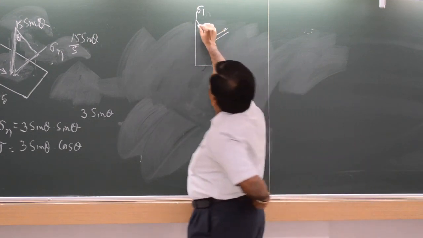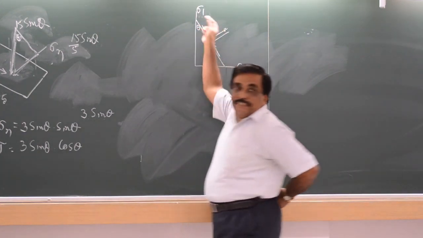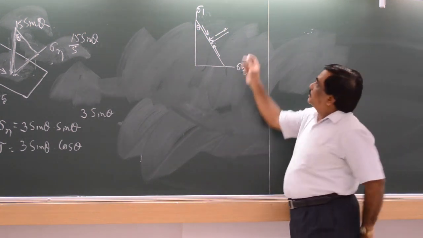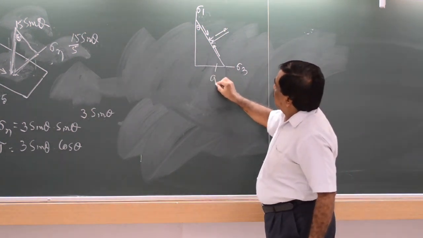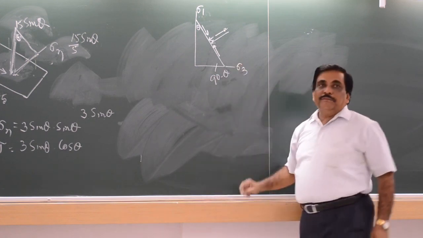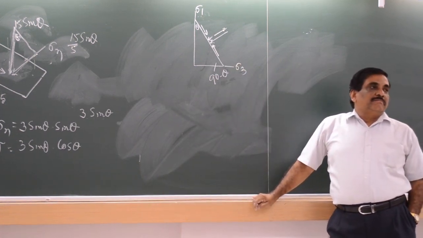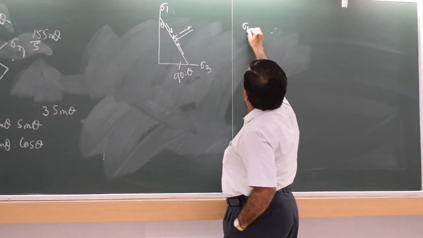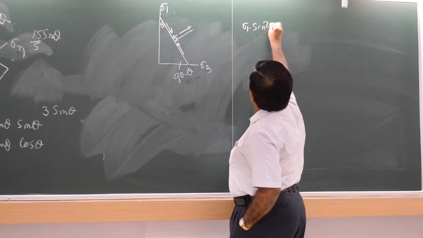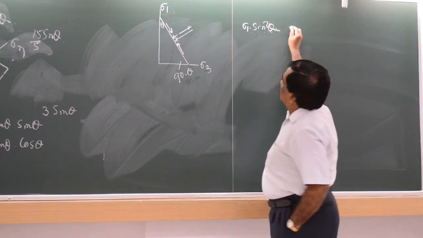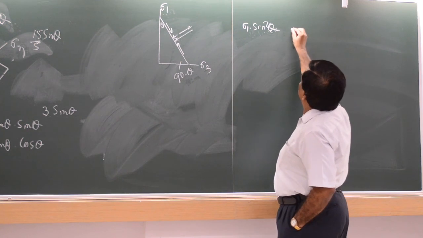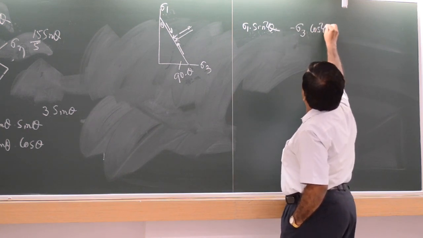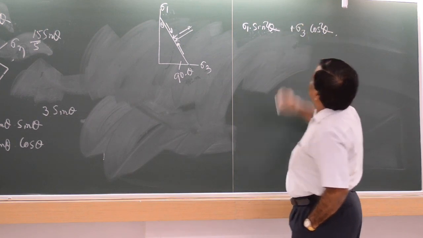So this will be added. Theta is always the angle between the plane and the maximum one. So this will be 90 minus theta. So for sigma 1, sin square theta is the normal stress. For sigma 3 will be sigma 3 cos square theta, plus.